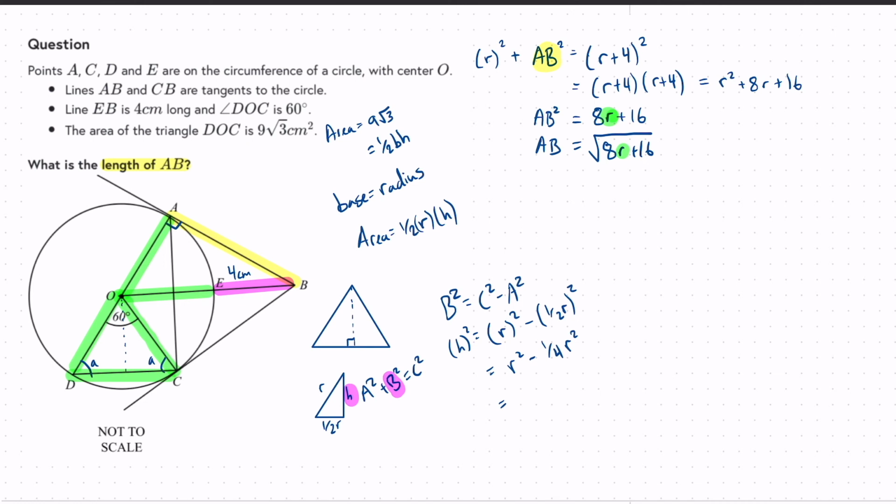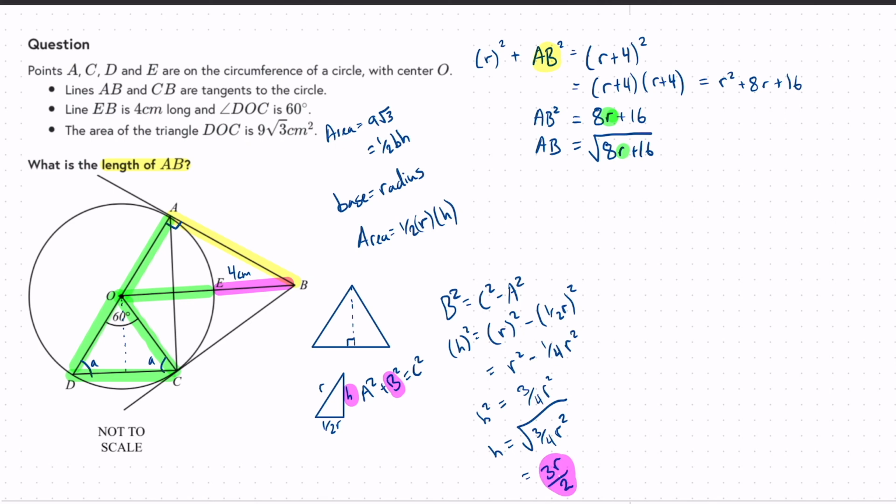So what's this? Well, this is going to be 1 whole, take away 1 quarter, 3 quarters r squared. And then if I square root the whole thing, I get square root of 3 r over 2. So I have a value for h.